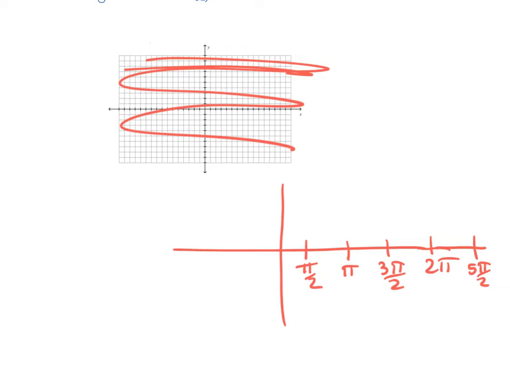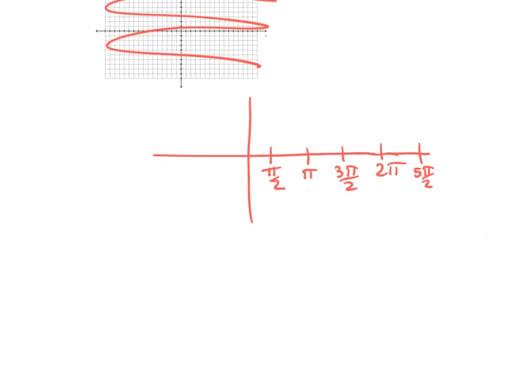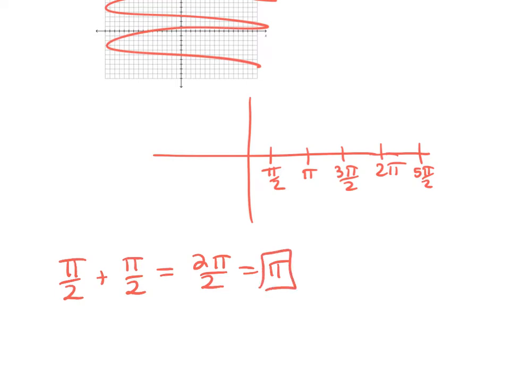Now, if you didn't realize this came from the quadrant angles, you could still do pi over 2, which is our starting shift. We always have to add 90. This gives me 2 pi over 2, which simplifies to pi, which is what I labeled.